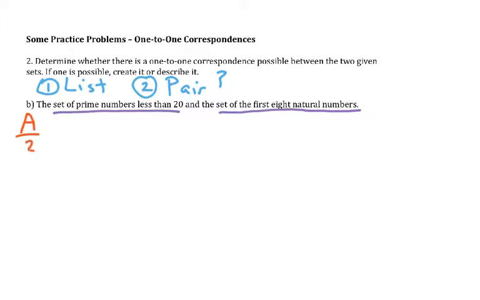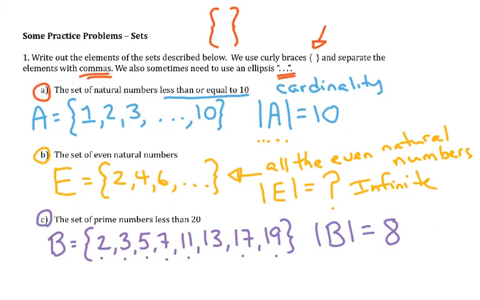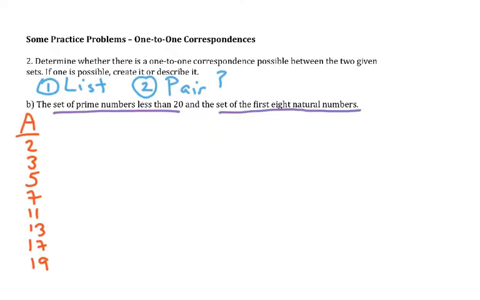We have 2, 3, 5, 7, not 9, 11, 13, 17, and 19. And you might remember, we just did this back here. I gave it a different name, but it's the same set. And there are 8 things in there.